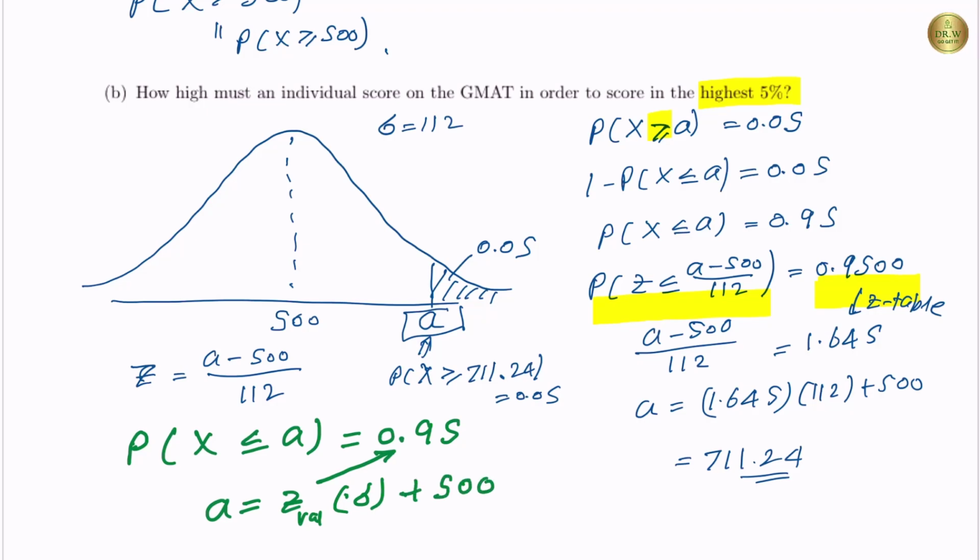You can use this one, but you have to be careful. The z value of the probability must always be for less than or equal.